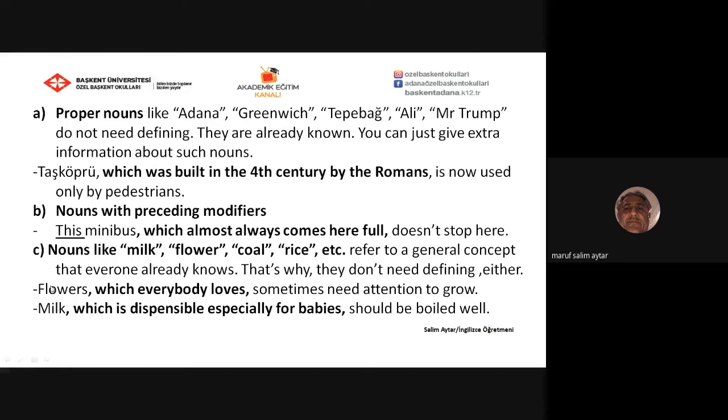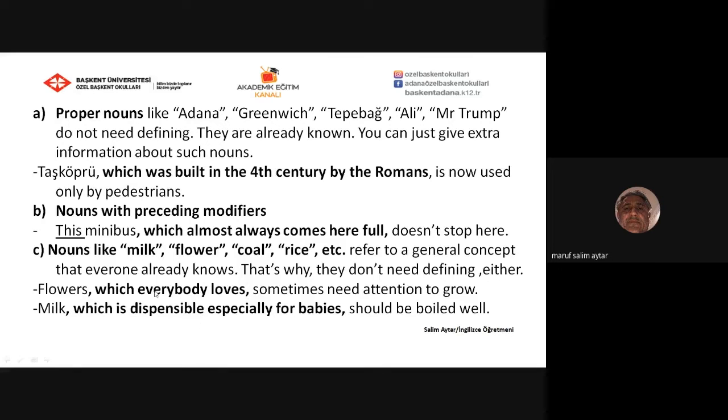Okay? Let's have a look at the examples here. Flowers, which everybody loves, sometimes need attention to grow. Milk, which is very necessary, especially for babies, should be boiled well before drinking. Okay, the information given here gives us extra information.